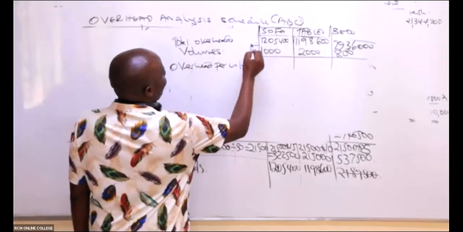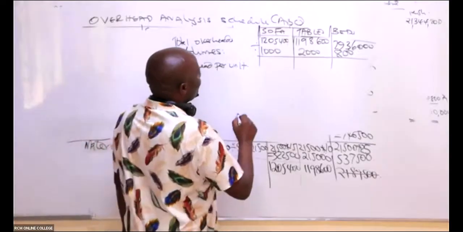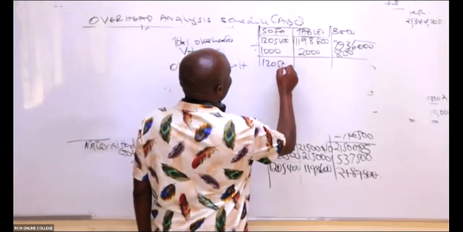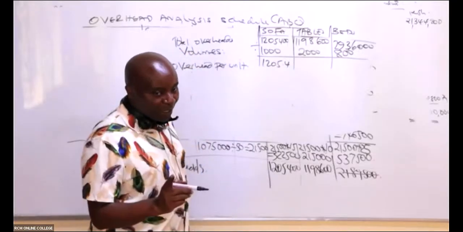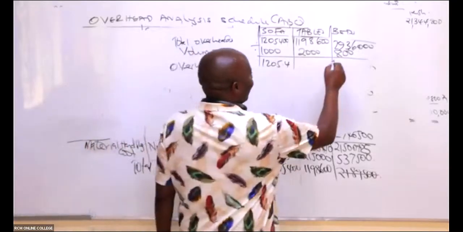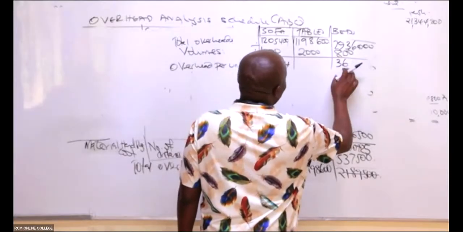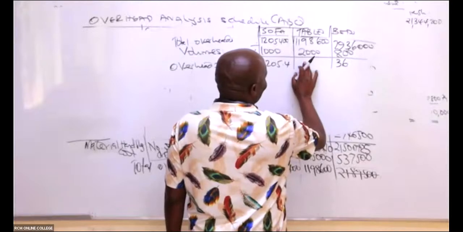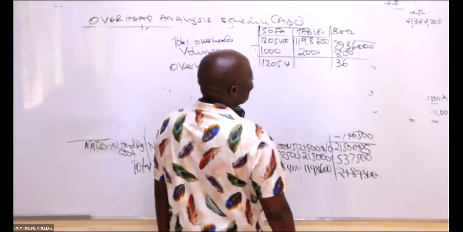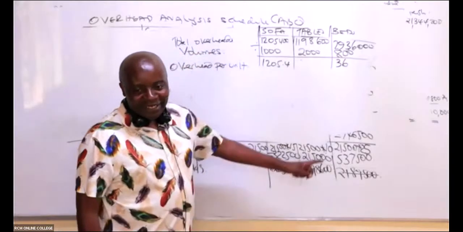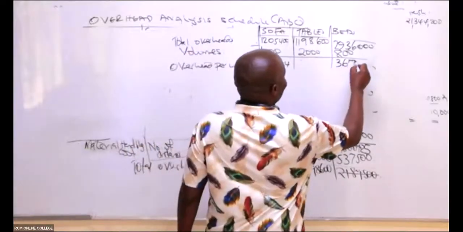So that means you divide, isn't it? Overhead per unit. So then this will be 1205.4. The second one, last one, 30, 36. Oh, this 36. And then this one, 30. 36, 70.